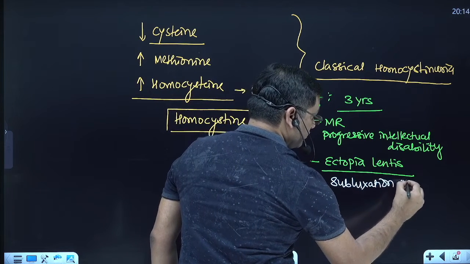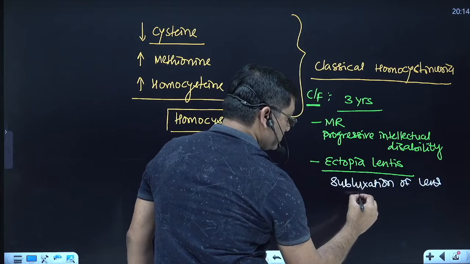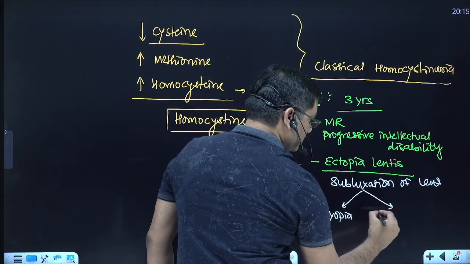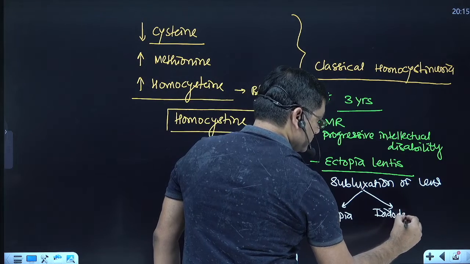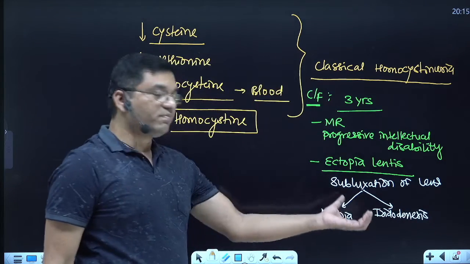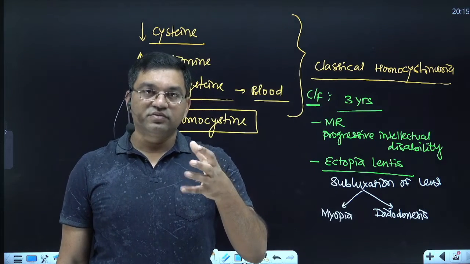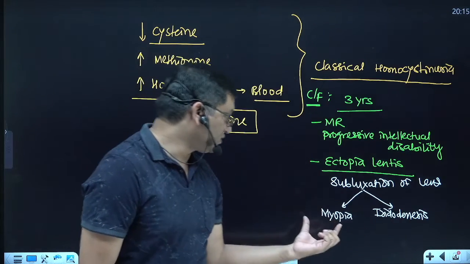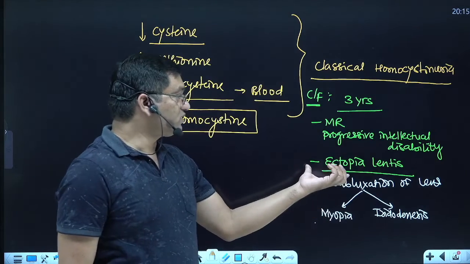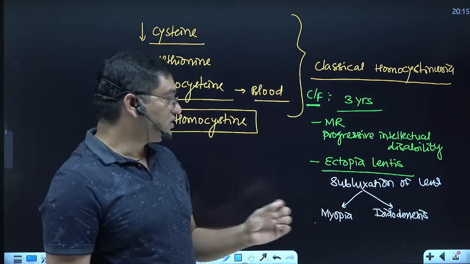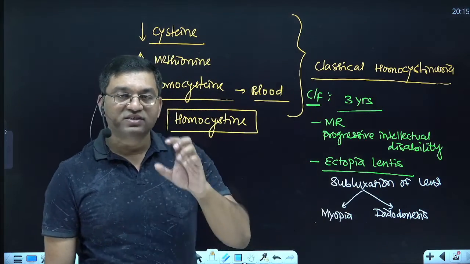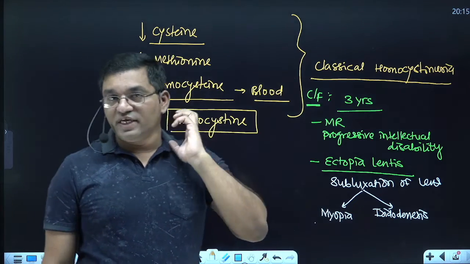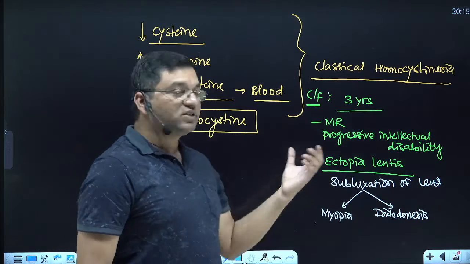Because of subluxation of the lens there is myopia and iridodonesis, meaning the tremors in the iris. These are the features due to ectopia lentis. The suspensory ligament of the lens is involved, as there is defective collagen synthesis because of excessive homocysteine.